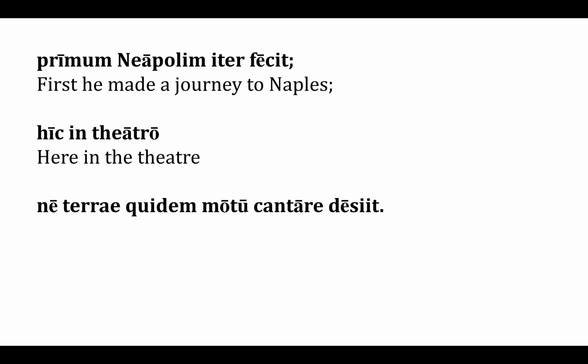So not even. Now terrai and motu also go together as a sort of phrase, because terrai motus means an earthquake, literally a movement of the earth. And motu, if you look at the ending, that long u there is ablative. Right, this is fourth declension ablative, motu.